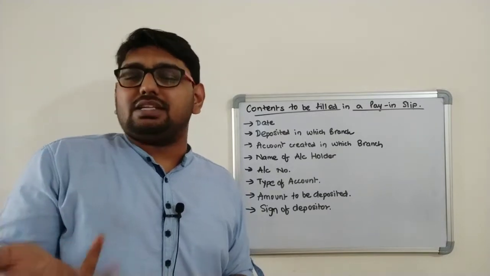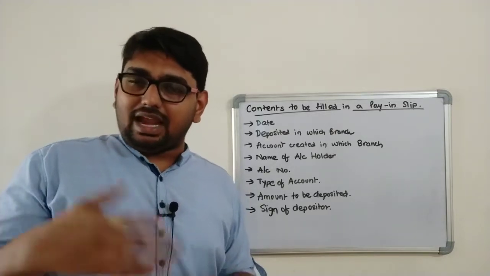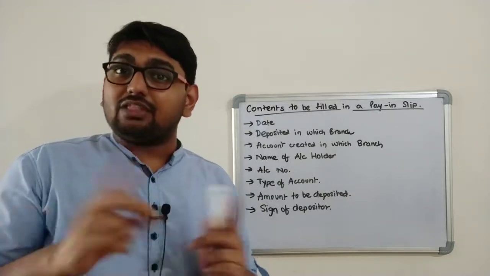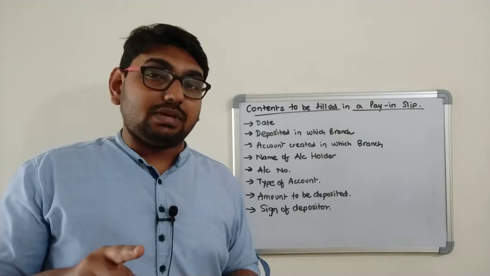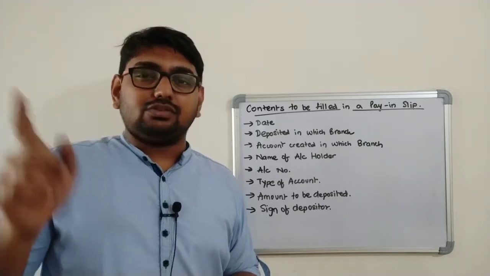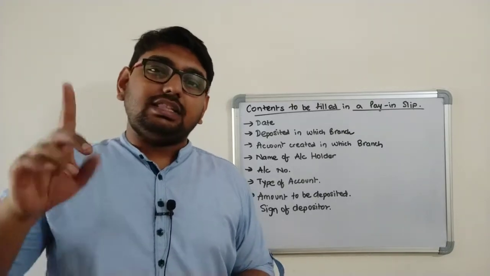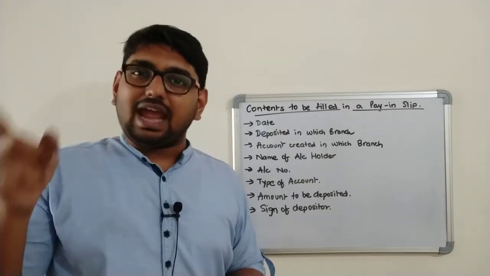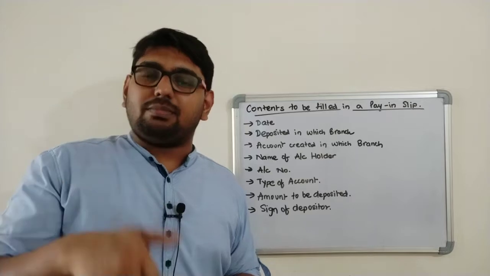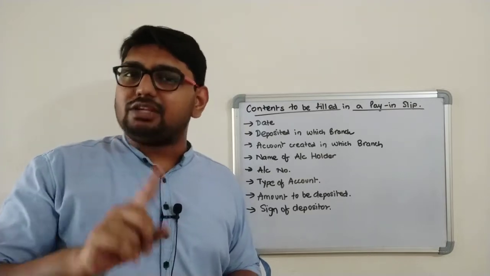For example, let us assume that I am in Delhi and I receive a huge amount which I cannot carry from Delhi to Mumbai. So what will I do? I will have to deposit my money into my bank. So the bank gives us the facility that I can deposit money in any branch and that money will come to my Mumbai branch. But the bank should be the same.